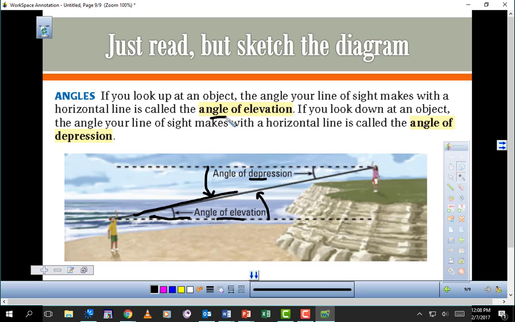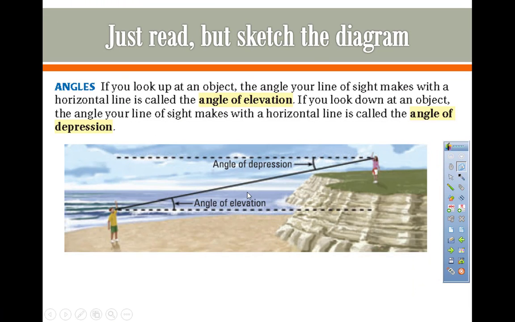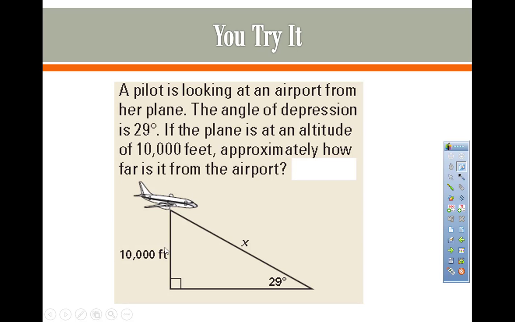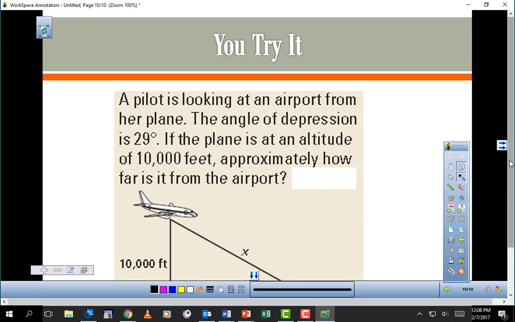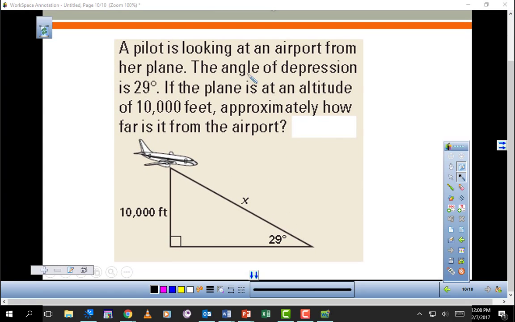Anytime you see those pictures or those words in a problem, you have to draw your picture correctly. Does that make sense? Let me show you another problem now. Normally the diagram would not be included, but let's make sure we have the correct picture here. It says the angle of depression. So where is this angle? It's not here.